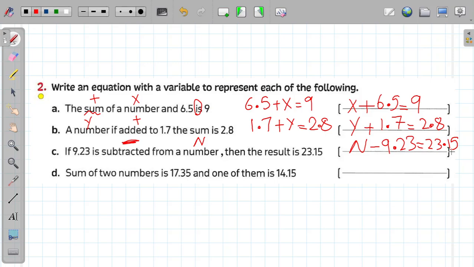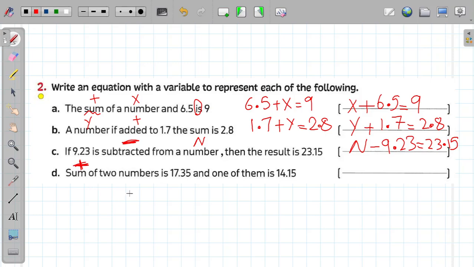Next, the sum of two numbers is 17.35, and one of them is 14.5. It's very easy. The sum here means I will use the addition operation.